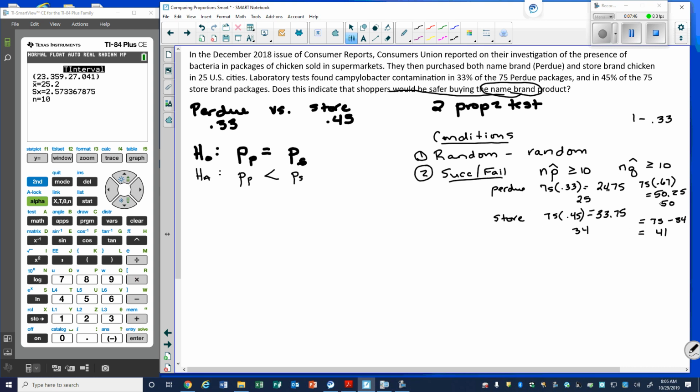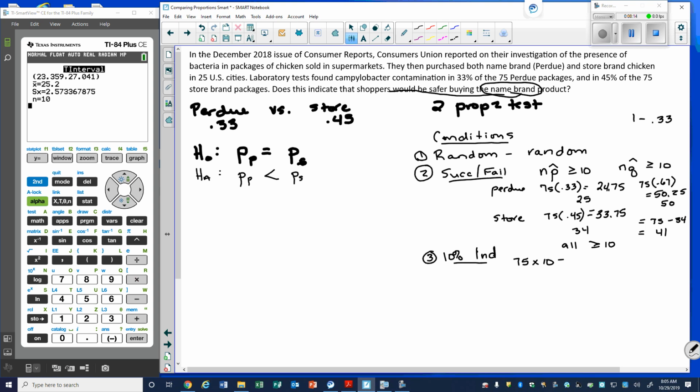So my success failure is met on all four of these parts. All of these are greater than or equal to 10. So that second condition is met. And then my third condition is we need to check that 10% condition for independence. Okay, so my sample size for both was 75.